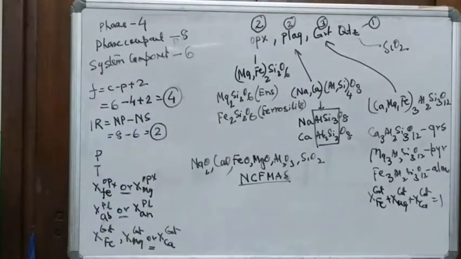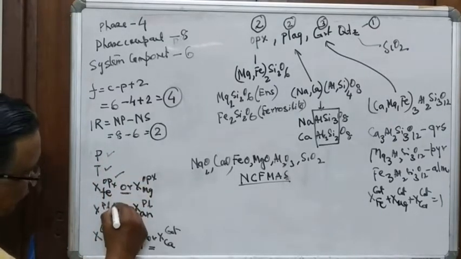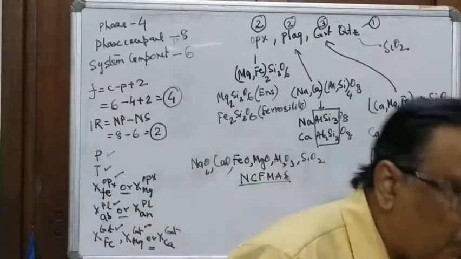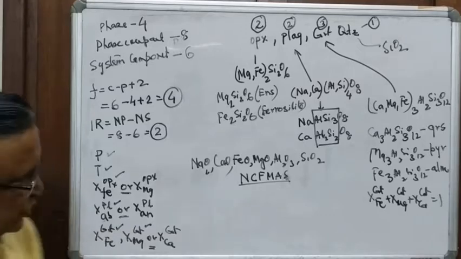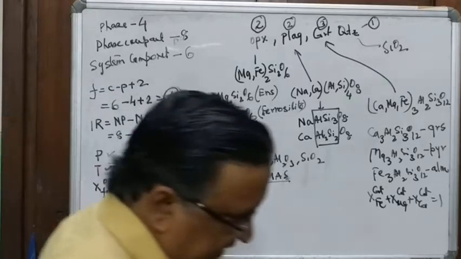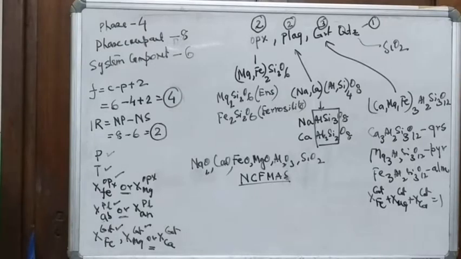So the number of intensive metamorphic variables therefore are 1, 2, 3, 4, 5 and 6. There are 6 metamorphic variables.